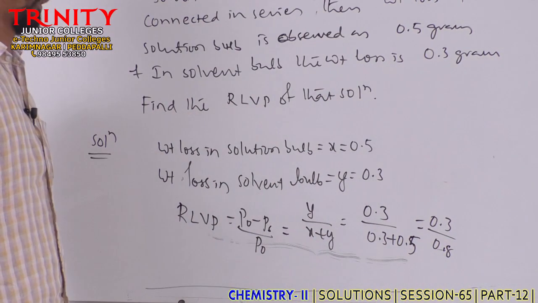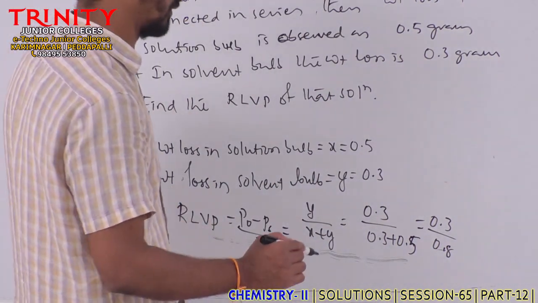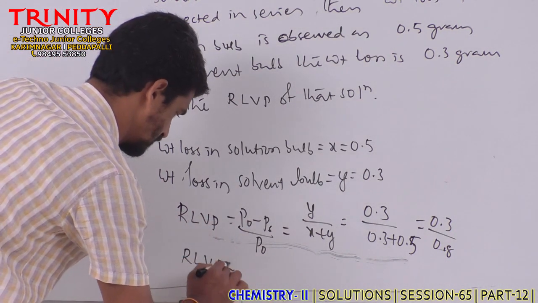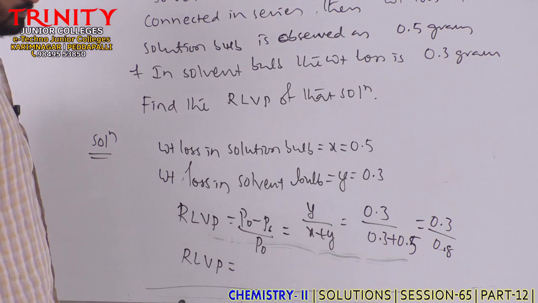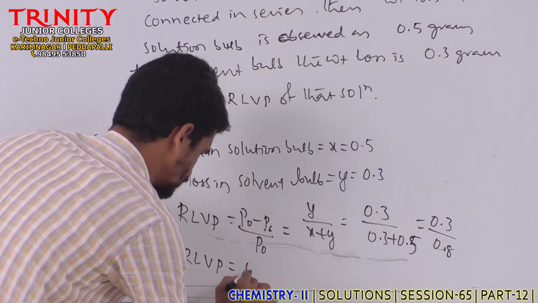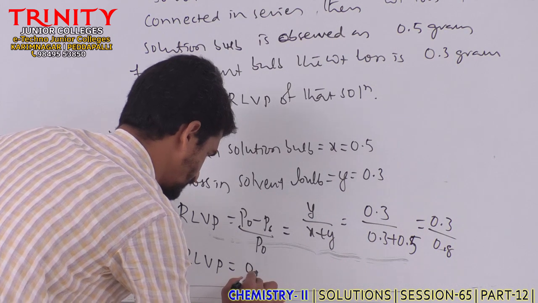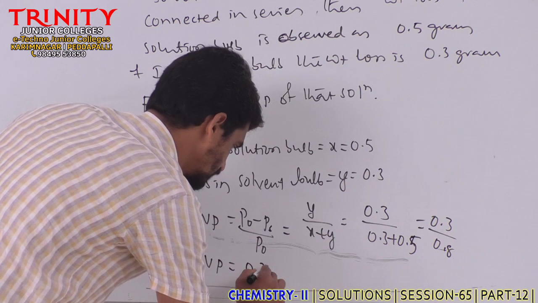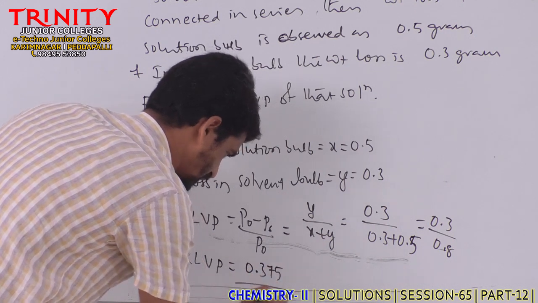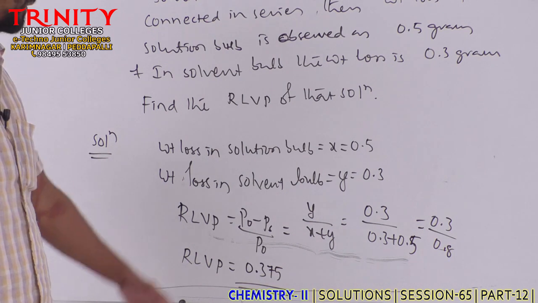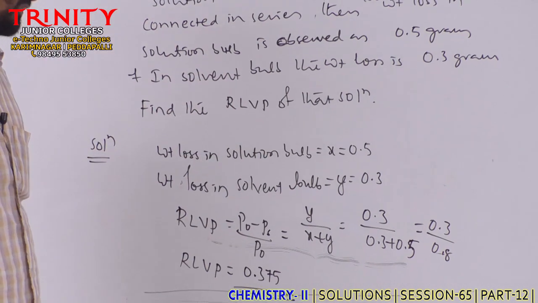So RLVP is 0.3 by 0.8, which is 0.375. This is the RLVP, relative lowering of vapor pressure. So like this we can calculate.